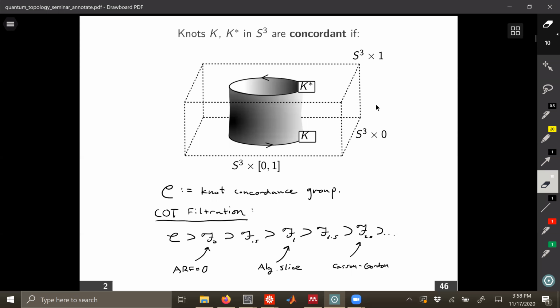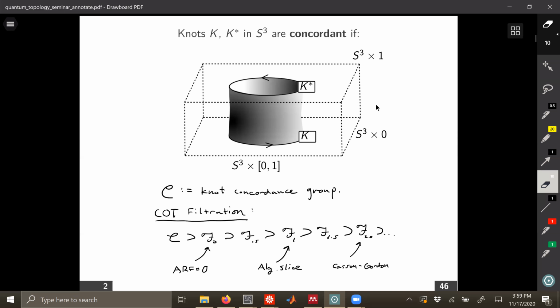This filtration organizes all of the famous invariants that we have for classical knot concordance in the topological category. You have this filtration F0, F.5, F1, and so on. As you go deeper into the filtration, you see more and more information about the classical knot concordance group.